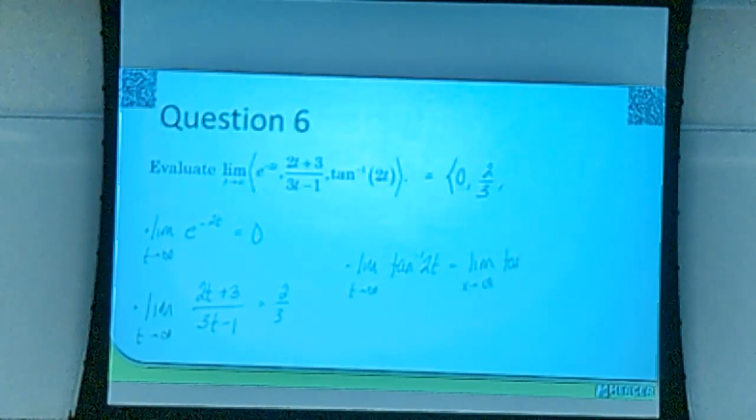First, do a change of variable. Actually, no. Pi over 2 times you get.